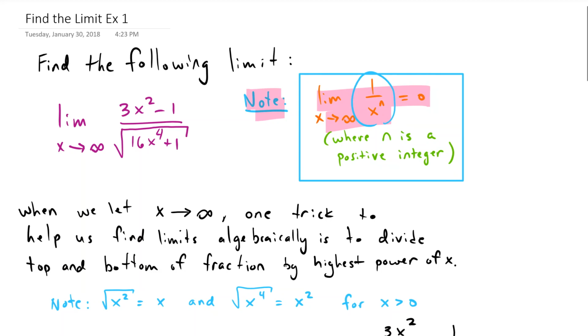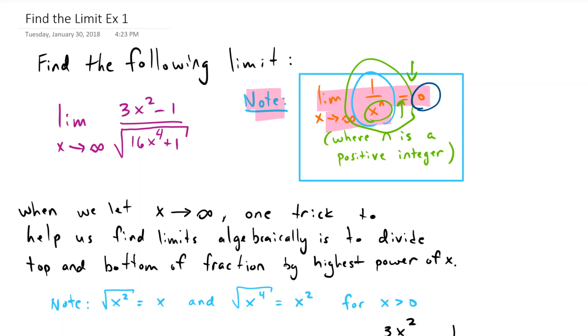We know that as the denominator goes up, the whole quantity itself goes down, and in the end, we have 0. If the numerator of the fraction stays 1, and the denominator blows up and keeps getting bigger, the whole quantity is going to go to 0.